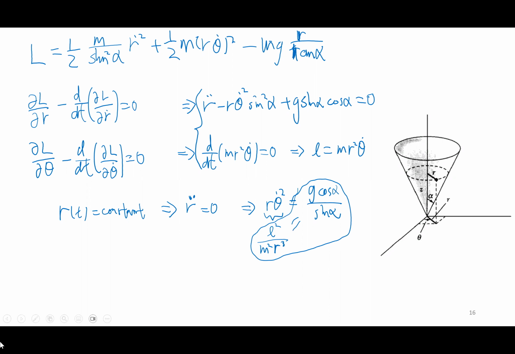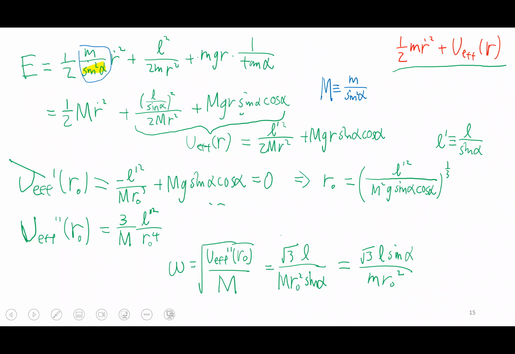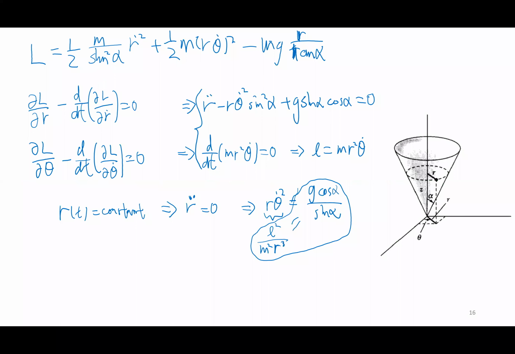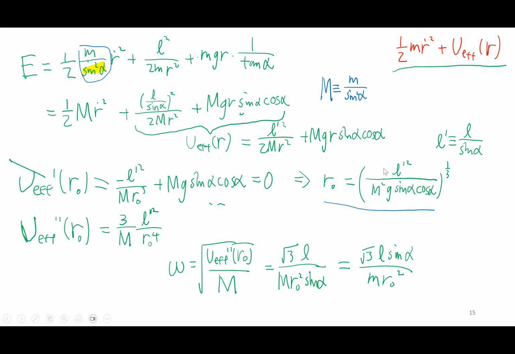If you look at this relation, it is equivalent to this relation here, because here we are able to find the radius for the circular orbit. So that's why this relation must be the same as this one.